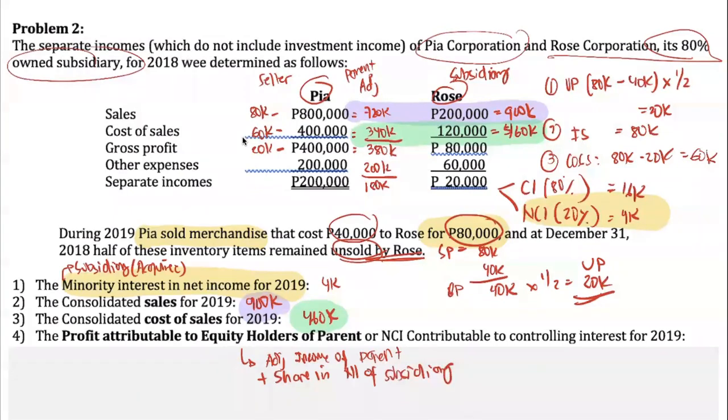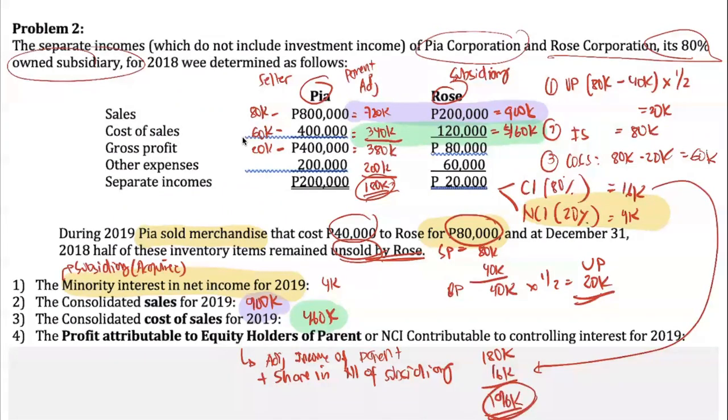Okay, what is the adjusted income of parent? We already computed that, 180,000 pesos. You add the share in net income of subsidiary, so that is the controlling interest, 16,000. So what is our consolidated net income attributable to parent? 196,000 pesos.